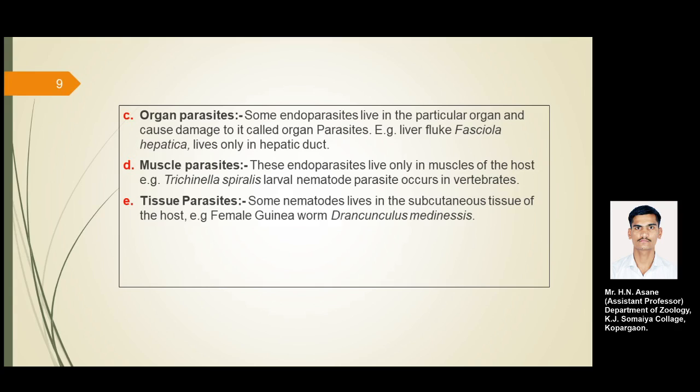An example is the liver fluke, whose scientific name is Fasciola hepatica, and it lives only in the bile duct of the liver. These are mainly found in sheep, but accidentally some humans also get affected by this Fasciola hepatica, known as the liver fluke.